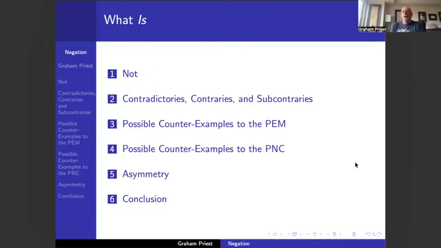When we've done that, I will then look at some well-known objections to the view that negation is a contradictory forming operator in this sense. And I'll give you some examples of reasons why you might doubt this. I will end with a short discussion of whether or not the two logical principles we meet, excluding middle and non-contradiction, are symmetric. So that's where we're going to end.